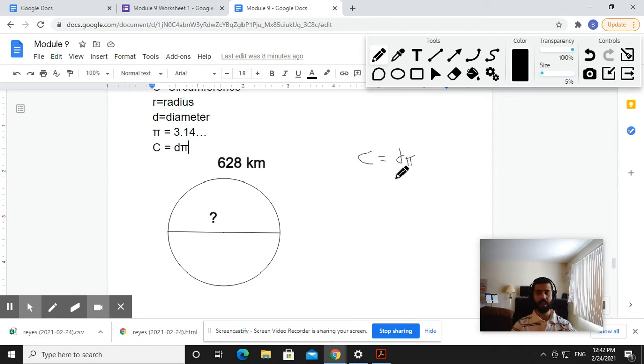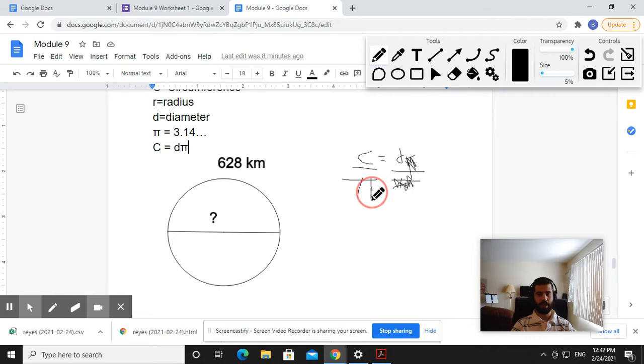Here's how we do that. The same things we were doing before in January, we are doing now. We're going to divide both sides by something, that something being pi. And then this is going to cancel out because dividing pi by pi just means 1. And the diameter times 1 is just the diameter.